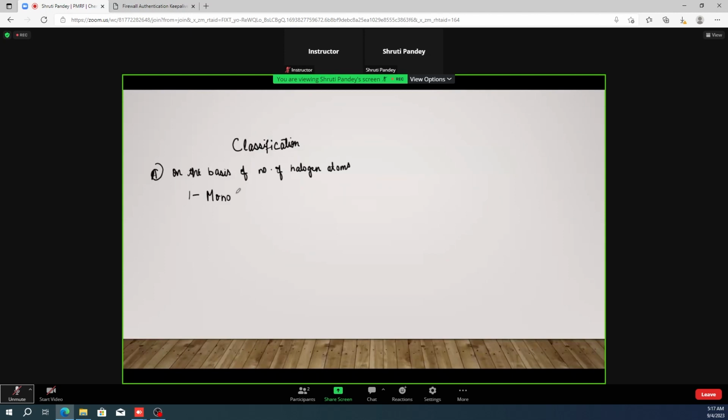And when it contains more than two halogen atoms per molecule, एक ही molecule में दो से ज़्यादा halogen atoms है, मतलब एक ही molecule में सपोज करो 3 या फिर 4 या उससे ज़्यादा halogen के atoms है, क्लोरीन हो गया, फ्लोरीन हो गया, सेम भी हो सकते हैं, like they can be the same halogens and they can be the different also, like one is fluorine, the other one is bromine, the other one is iodine. So that will also be polyhaloalkane.